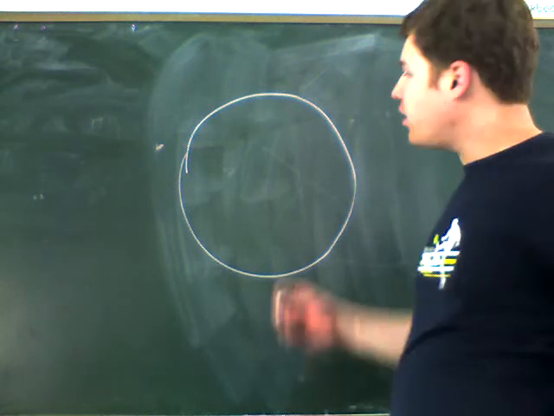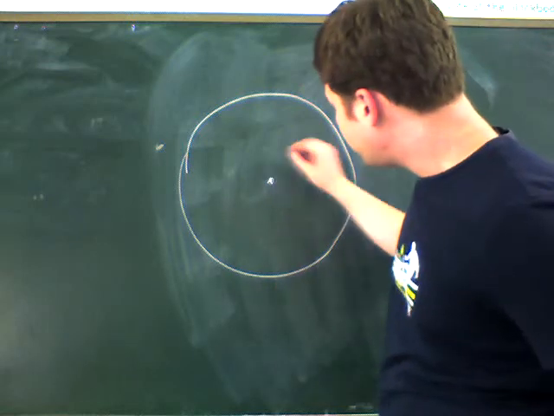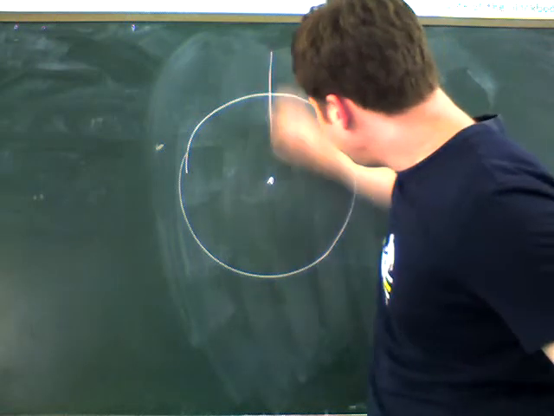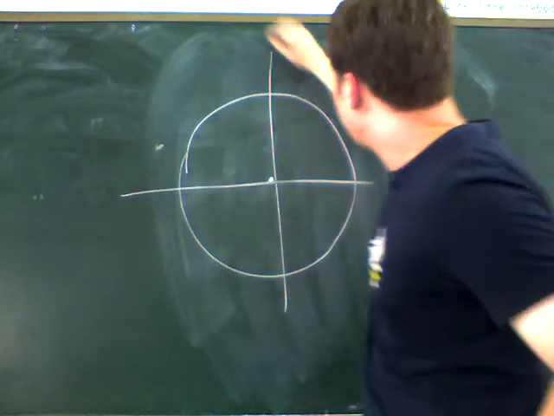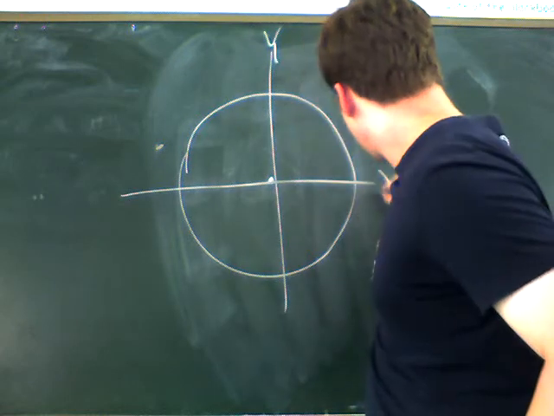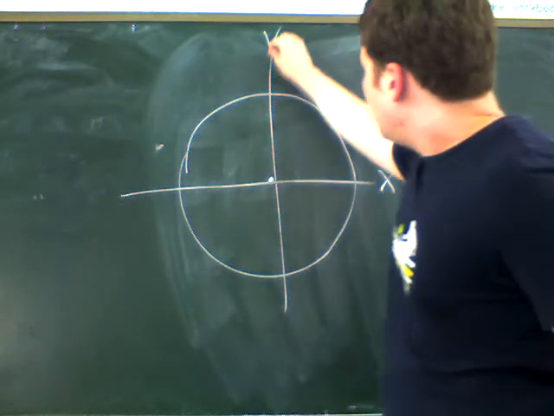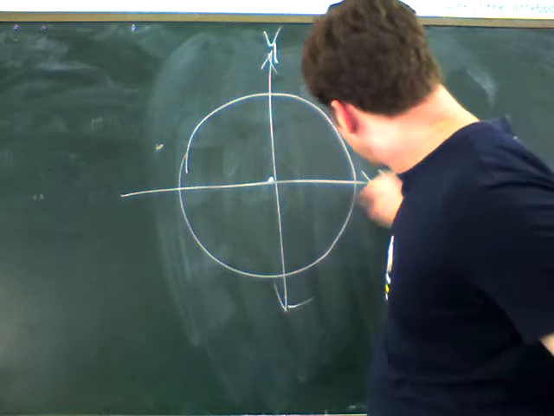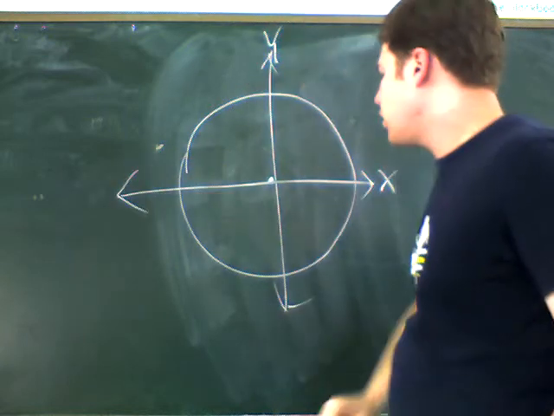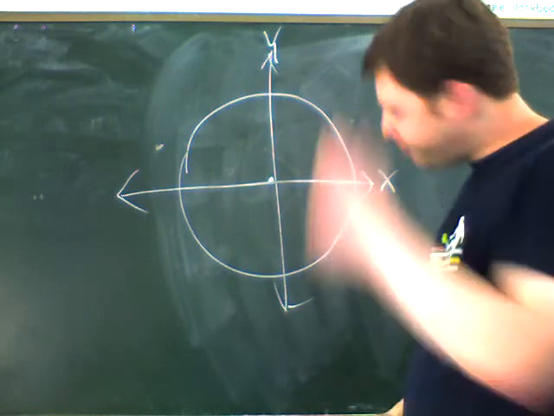As I said before, if this is the Cartesian coordinate system here, this is our y, this is our x lines. Our little arrows there can go to anywhere.